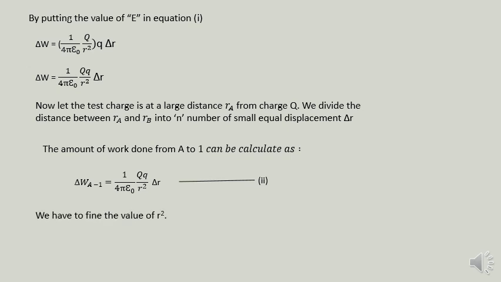Now we have to calculate R square. For this, we take the average distance between R1 and RA, which is R1 plus RA upon 2, and we know that delta R is RA minus R1. Now RA equals delta R plus R1. We move our negative R1 to the other side, then it becomes positive.